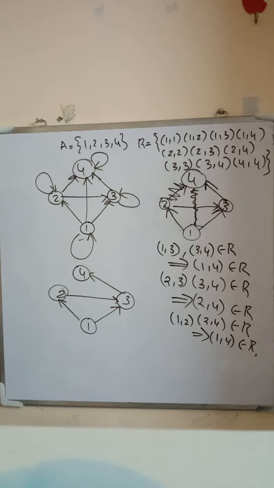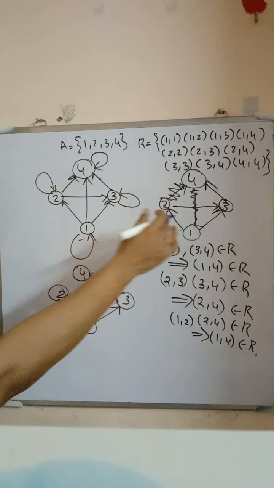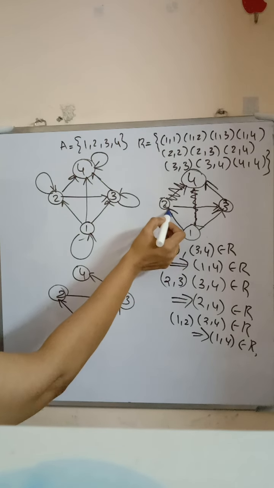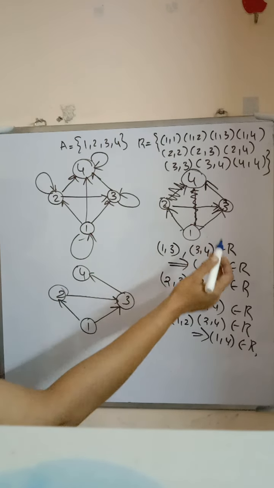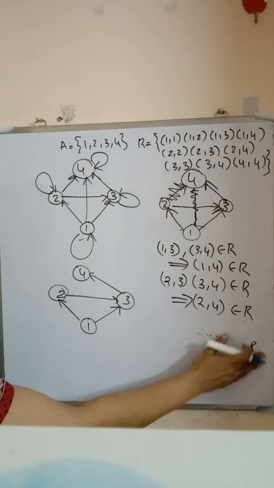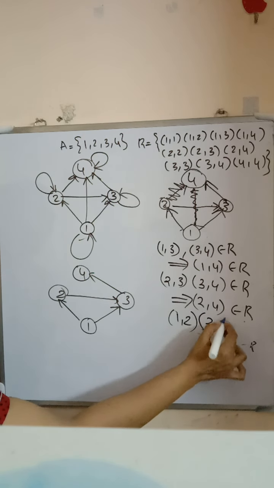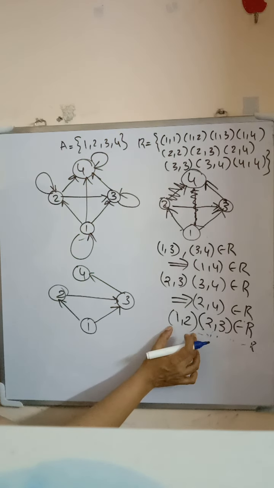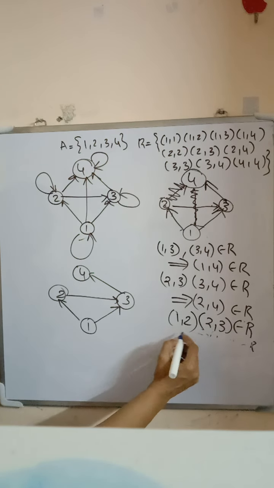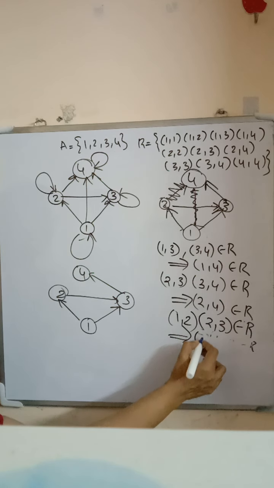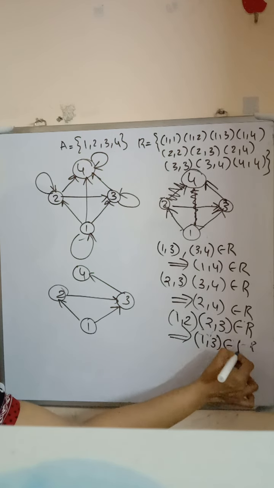There is again also a transitive relation. 1 related to 2, 2 related to 3, then (1, 3) is again in the set. (1, 2) and (2, 3) belong to R, that implies (1, 3) belongs to R.